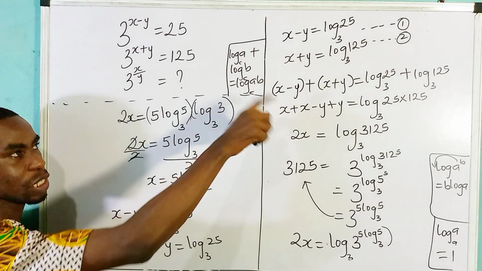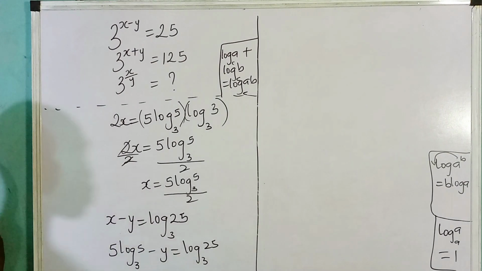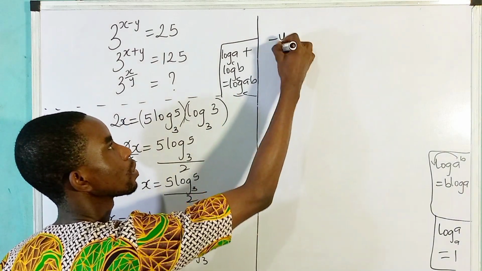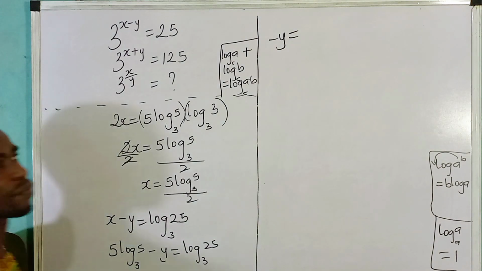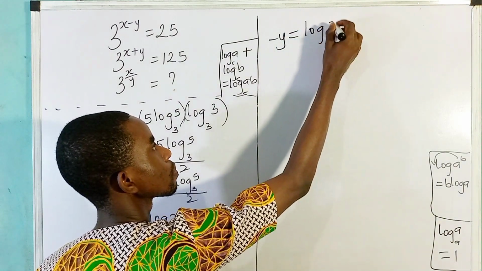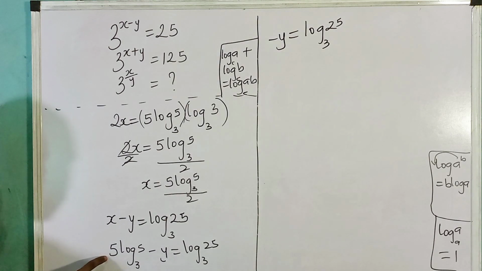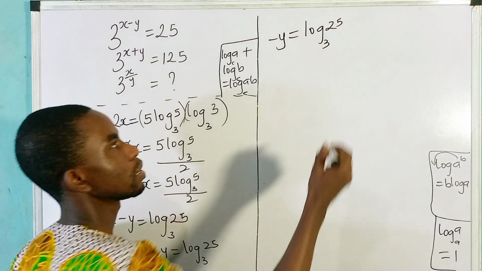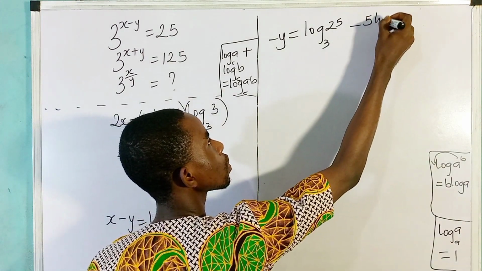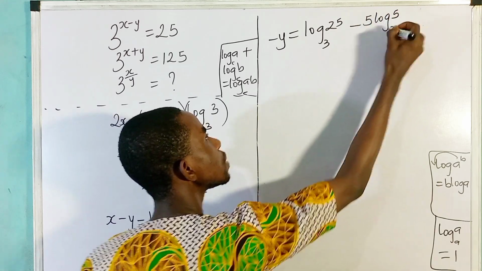I'm going to clean this part of the board now. So now we are going to collect like terms and make y stand alone. So we'll be having minus y equals, we already have log 25 base 3, and then we can say subtracting 5 log 5 base 3 over 2.